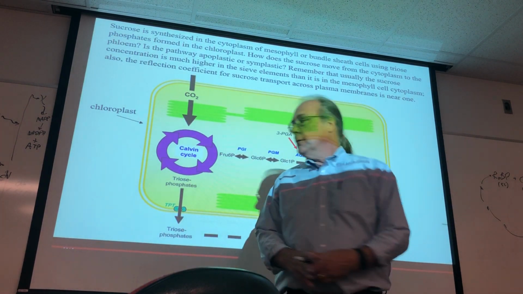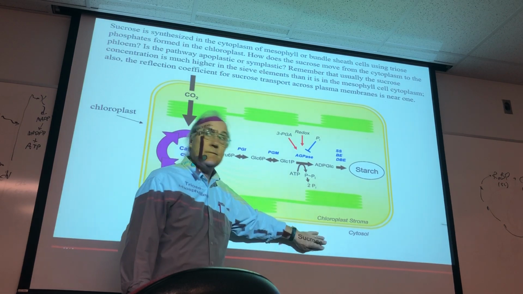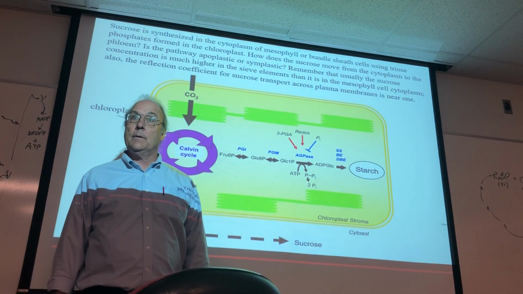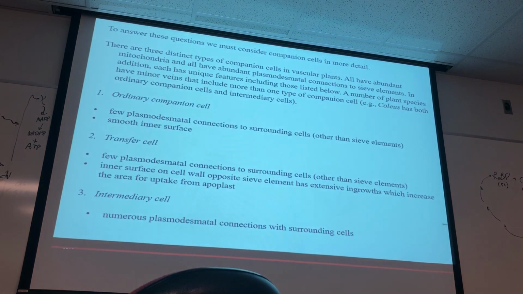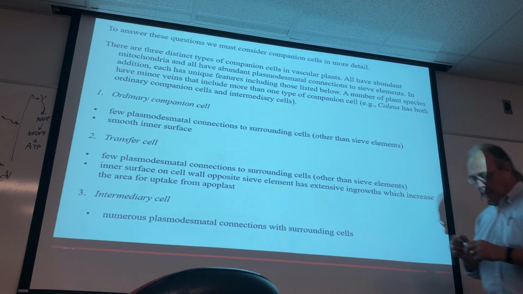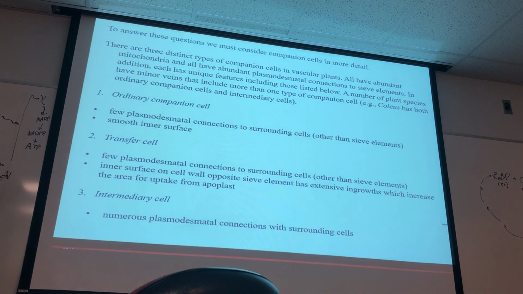That sucrose now, phloem loaded, how do you get that sucrose from here into the phloem? And as I said, to answer this question, you have to take a look at companion cells. So there are 3 kinds of companion cells that have been classified.